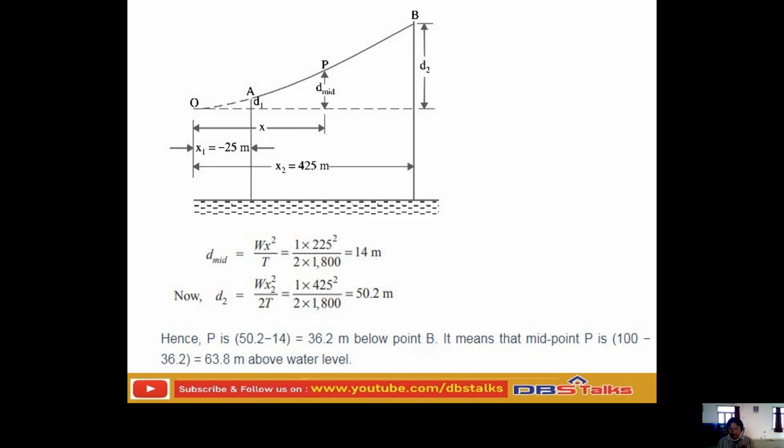So we have to calculate x1, x2, and then x, then calculate d1, d2, d. From that, P is nothing but d2 minus d midpoint, that is 36.2 meters. Now total is 100 minus 36.2, so we are getting 63.8 meters from the water level.